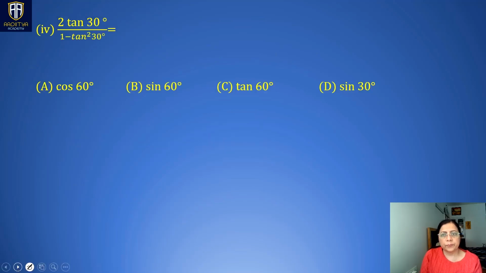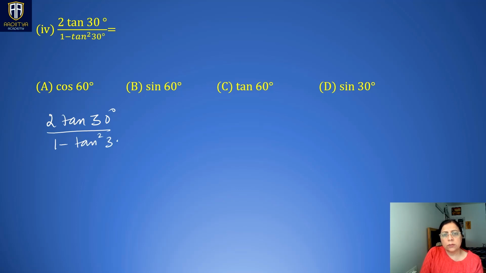Right? Now we have 2 tan 30 degrees upon 1 minus tan squared 30 degrees. What is the value of this expression? Now we know tan 30 is 1 upon root 3. And then we have 1 minus tan 30, which is again 1 by root 3, here it is in square.